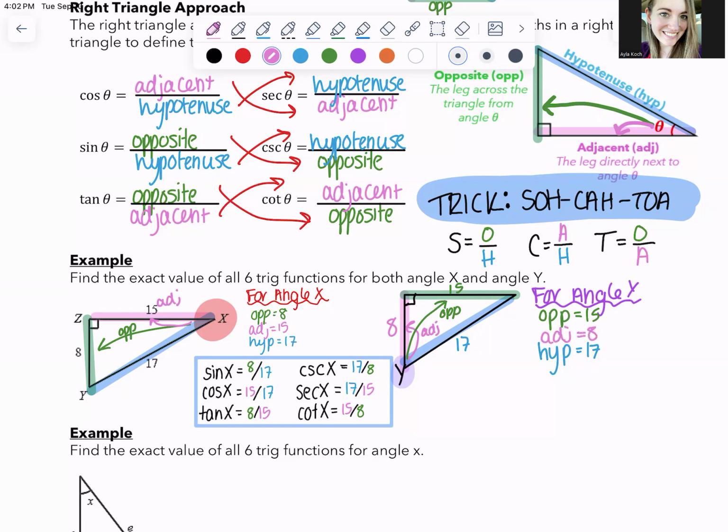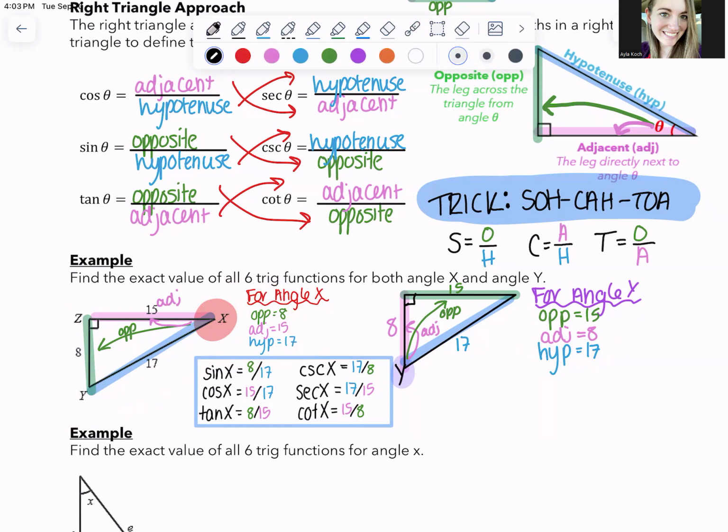And this is always going to happen in these triangles. You always have 3 angles, but the right angle we never talk about. So we have these 2 angles down here at the bottom of the legs of the right triangle. And it will always turn out that if you look at one angle, you'll get this ratio, and if you look at the other angle, the hypotenuse will be the same, but opposite and adjacent will be flipped.